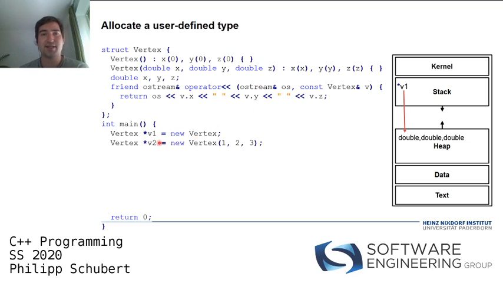You can also use the other constructor, so you can also use new to allocate another vertex on the heap. So you have yet 3 other double variables on the heap, which you initialize to 1, 2, and 3, and the address of the chunk of memory you store in the variable on the stack, which goes by the name of v2.